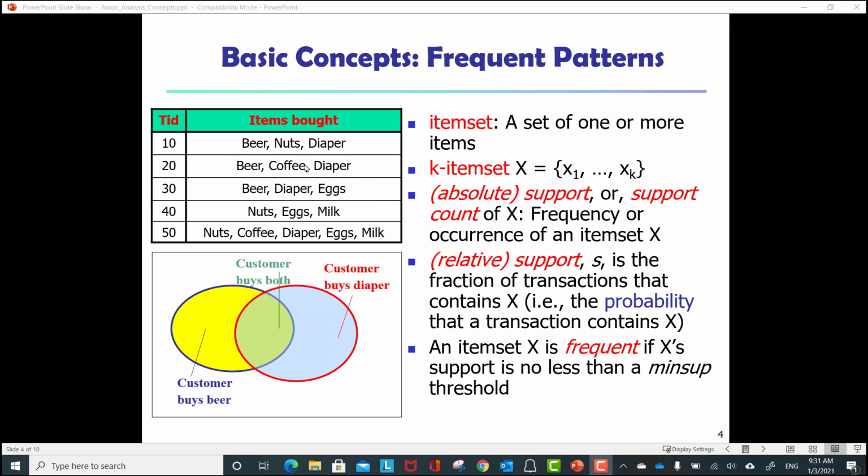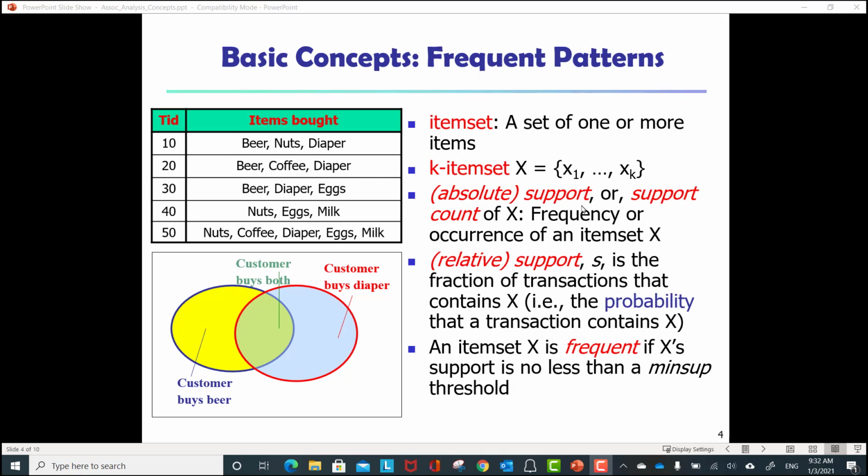Okay. How about two itemsets? How about beer and the diaper? Transaction 10 contains beer and diaper. That's 1. Transaction 20 also has beer and diaper. So 2. Then 3. I think that's it.